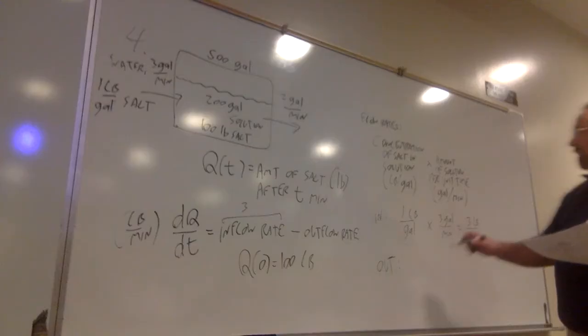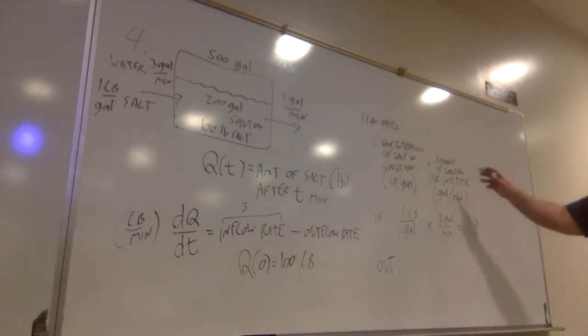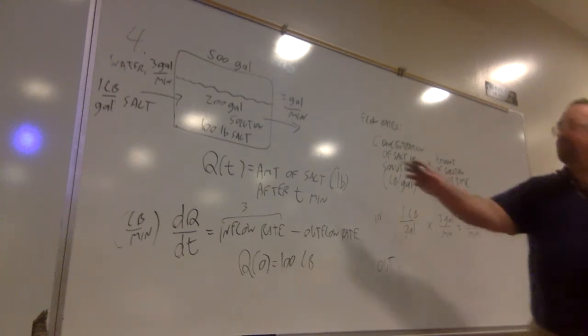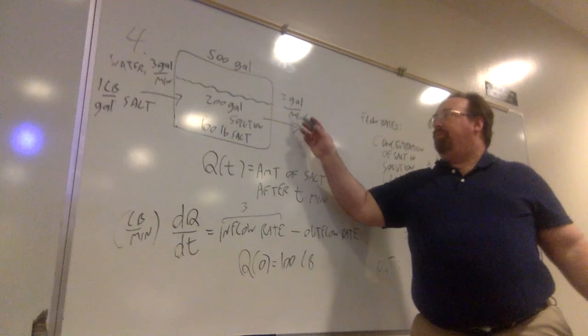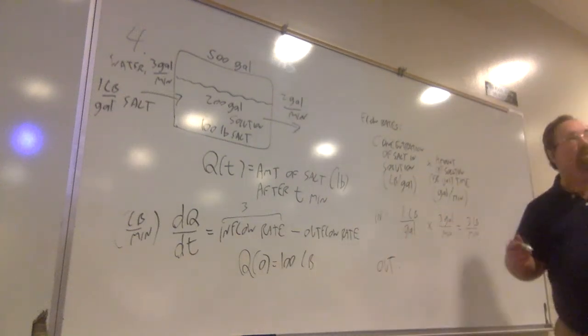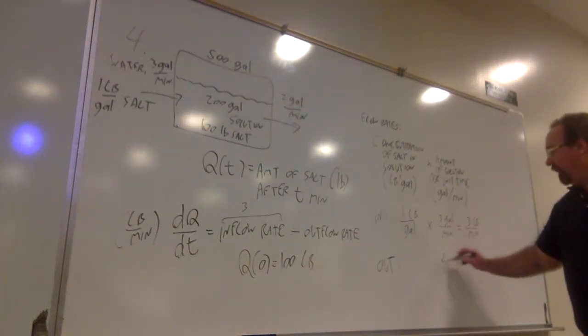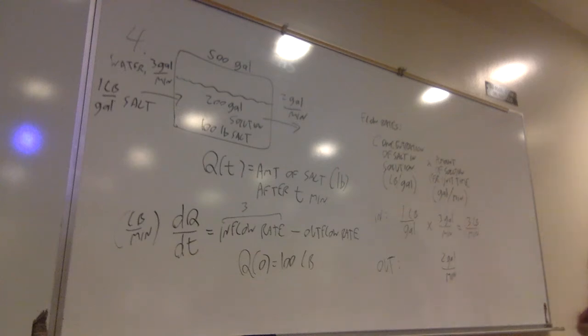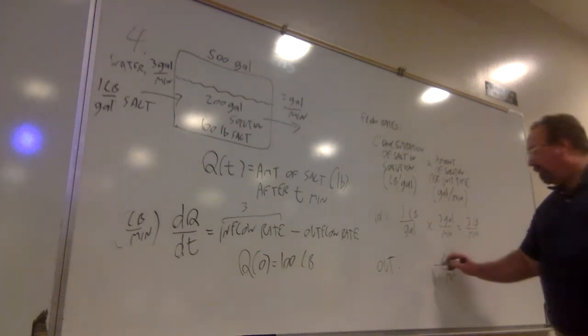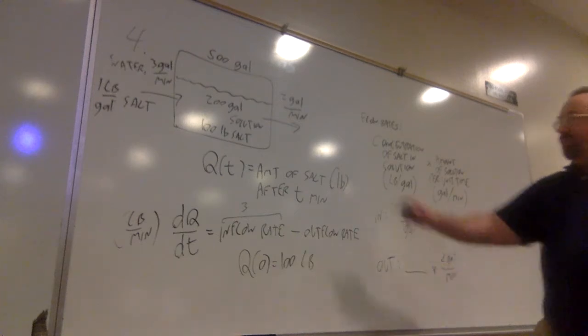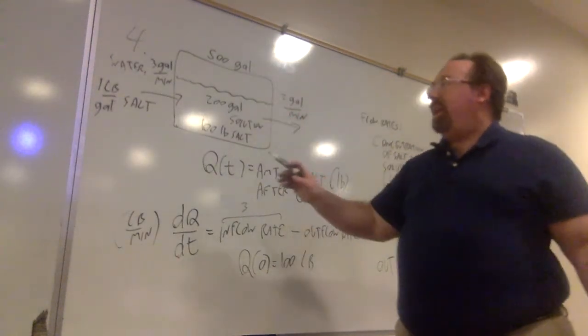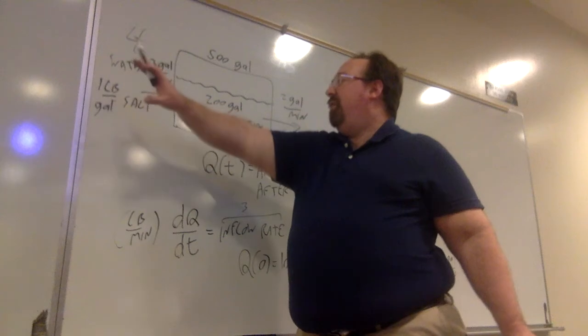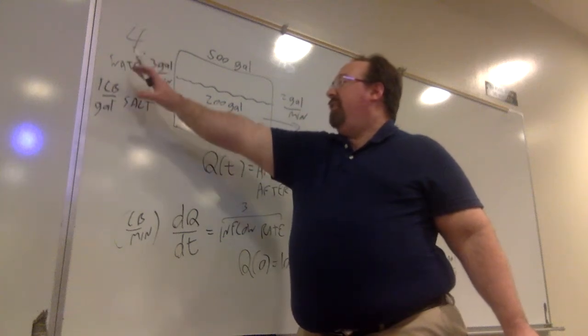All right. So the outflow side, the amount per unit time, that's actually the easier part. We have 2 gallons per minute leaving the tank of your overall solution. So fill that in, per minute. Now, what do you multiply that by? Well, once everything is mixed in here, we have a certain amount of salt per gallon that's coming in.